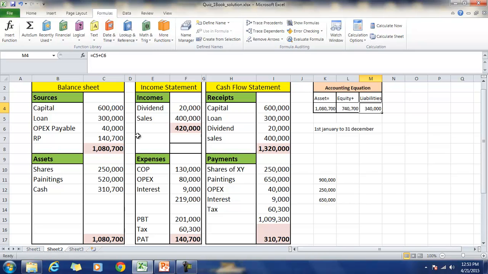So in the process, the group of friends which contributed a capital of 600,000 have earned a profit of 140,000 by the end of the year, and they created an asset of 1.08 million supported by equity and liabilities. Thank you very much.